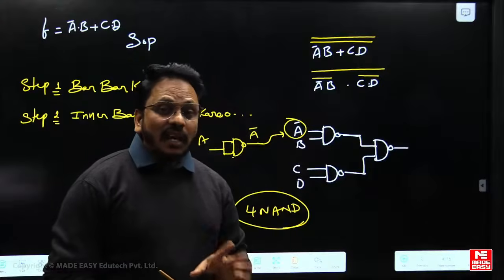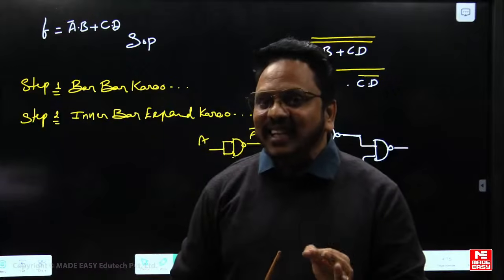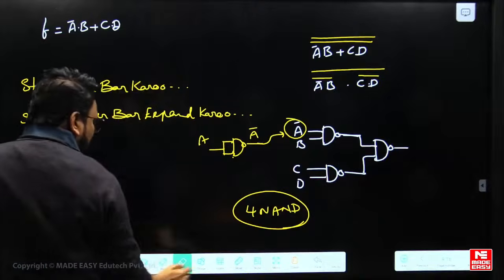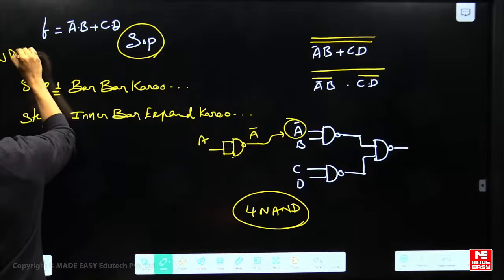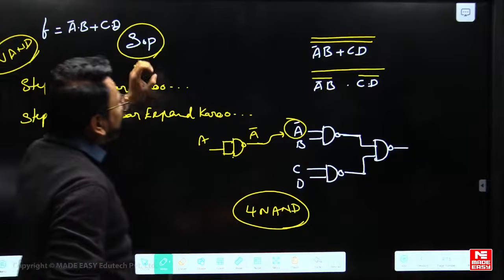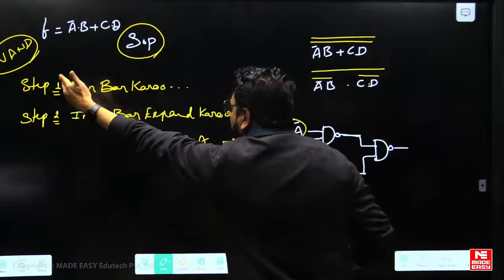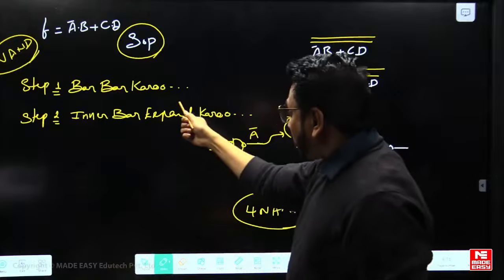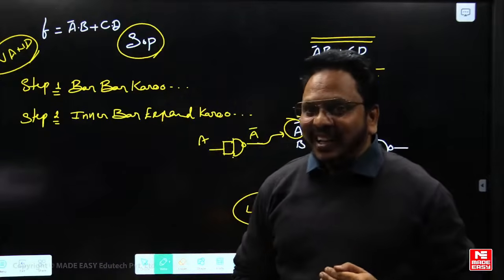In the same manner, we can do that for NOR gates also. But here one interesting twist point is there. For the SOP form, implementing the expression completely by NAND gates is simply done by applying these steps, because SOP is NAND friendly.